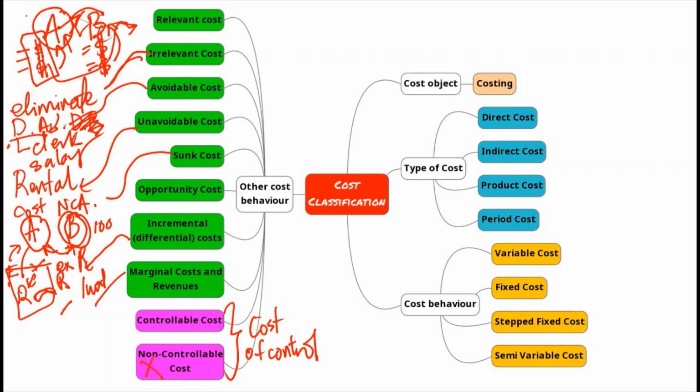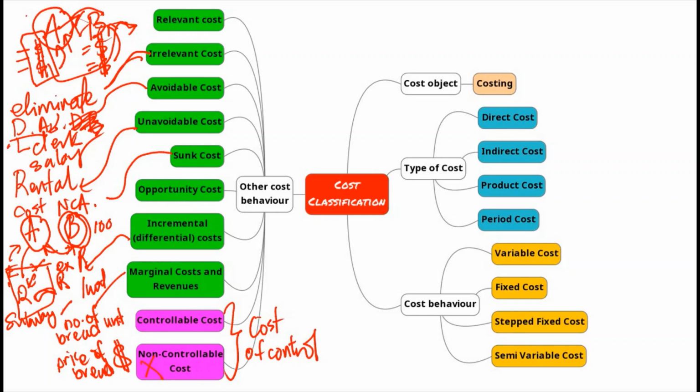For example, let's say I am a Subway manager. What I have under control is the number of bread that I want to order. Meanwhile, the non-controllable cost is the price of the bread. I can control the units, but I am unable to control the price of it.